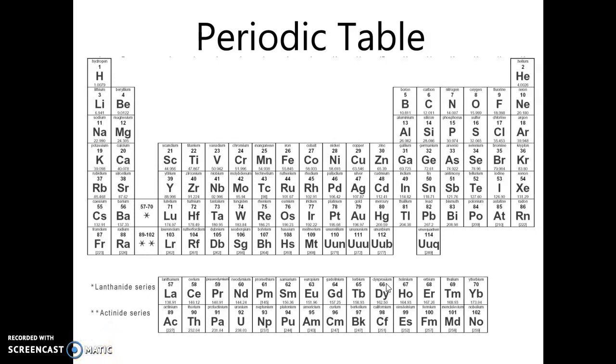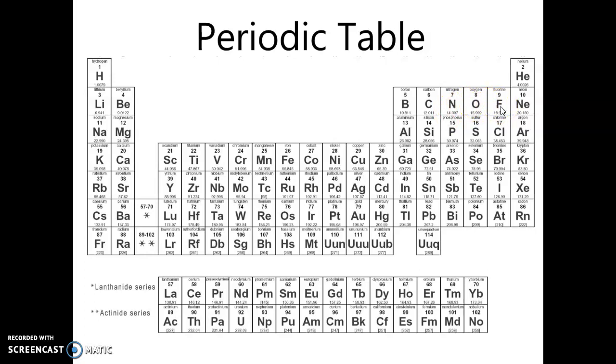I'd like to take a moment here just to point out some of the elements that we will frequently encounter during the semester. So you should probably try to learn their symbols so they make sense to you. First, we have hydrogen over there with the H, followed by helium with He. We also have carbon for the C, nitrogen for the N, O for oxygen.